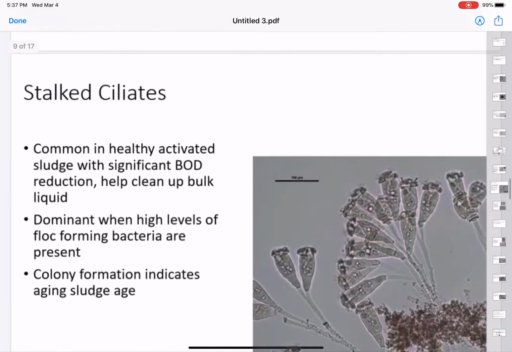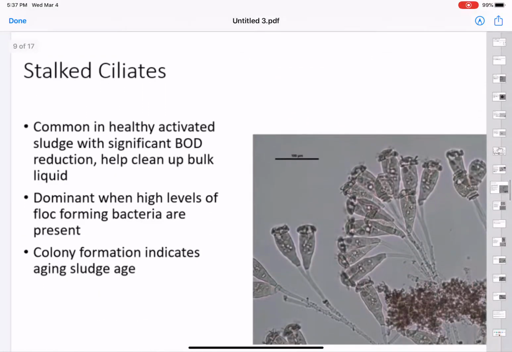Okay? Stalked ciliates, you can see it looks like a flower. You can see it's a stalk. From here you can see that this is a stalk. Okay, and this is the mouth, and these are the hair cells on top to push the water with organics inside, so they could eat all the organics found in the wastewater.